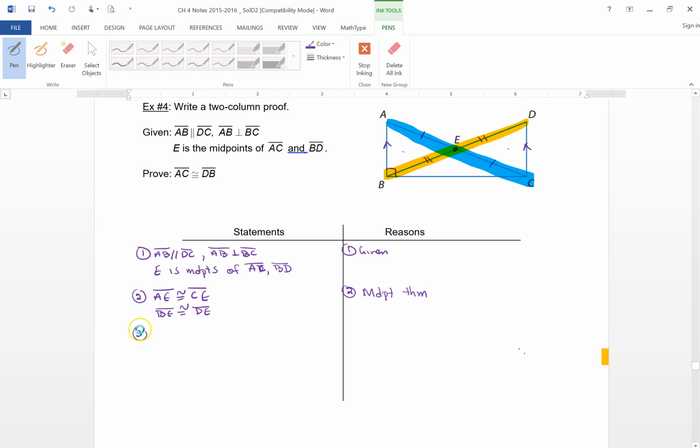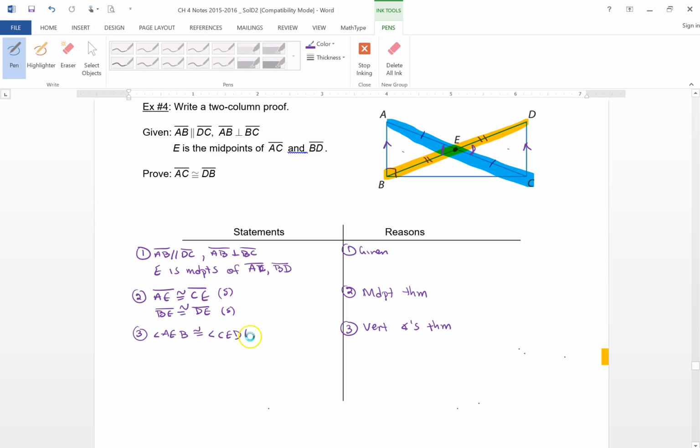Okay. Now, I have angles here that are congruent. So angle AEB is congruent to angle CED, vertical angles theorem. When you say vertical angles are congruent, you're just saying the contents of the theorem.